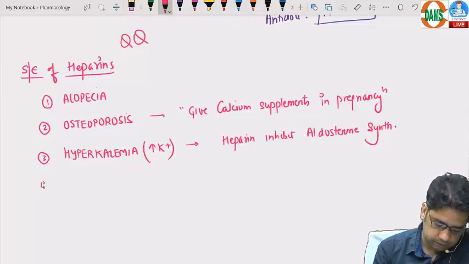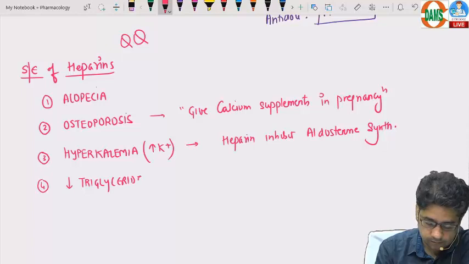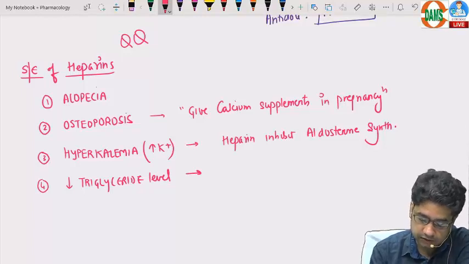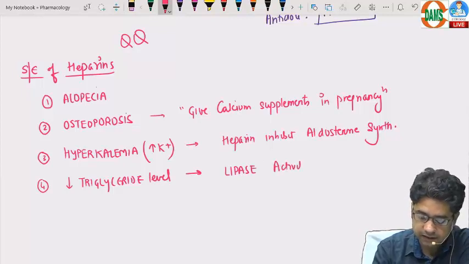Now it decreases triglyceride level. Why? Although it is not a side effect, because it has lipase activity. Heparin in our body has lipase activity.